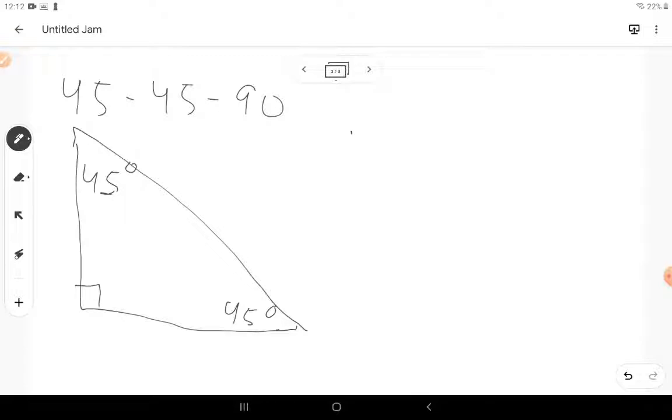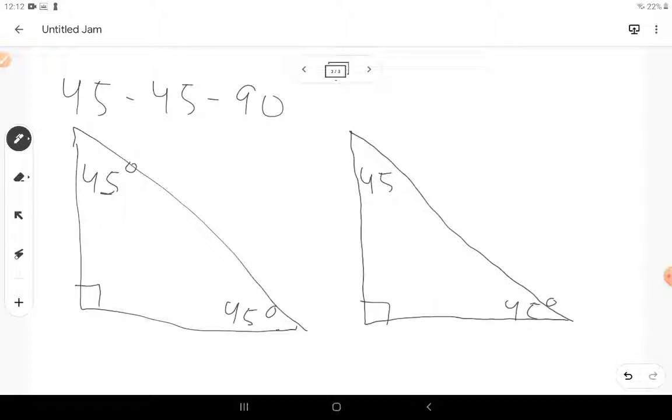There's a special relationship, or special ratio, of the sides of a 45, 45, 90 right triangle. Since the angles are both 45 degrees, the sides opposite those angles will be the same, and they will be given the variable x.